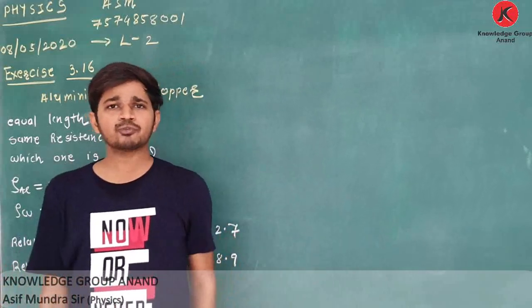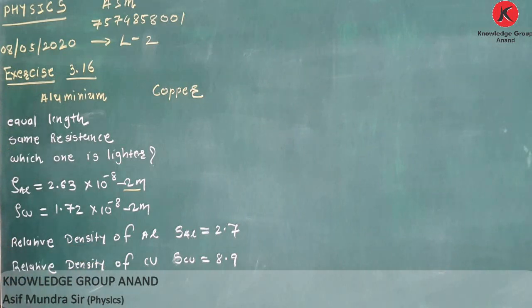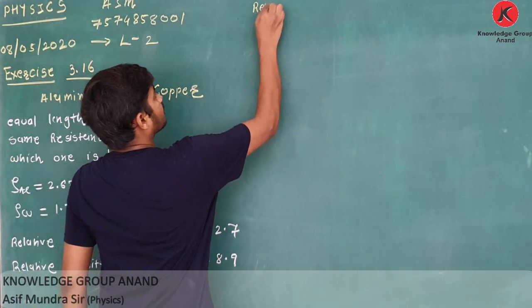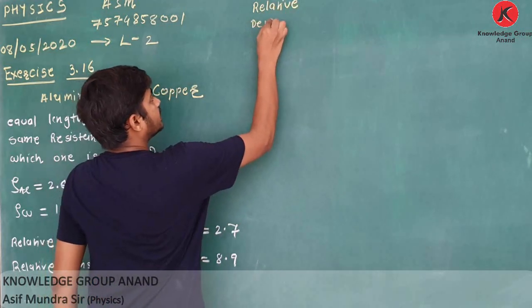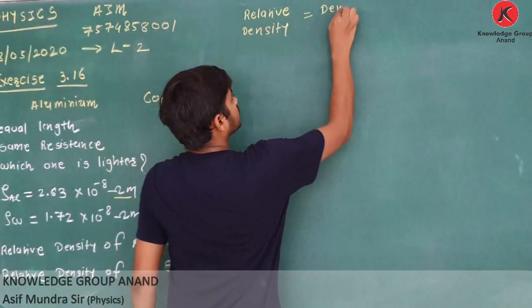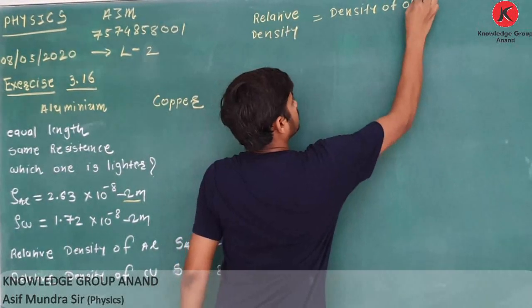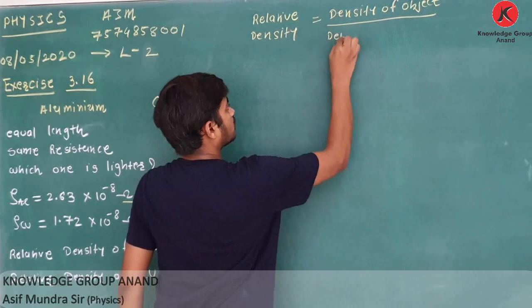Now, how to introduce mass? First of all, you are given this relative density. Then how to find density? You know one equation. Relative density is equal to density of object upon density of water.